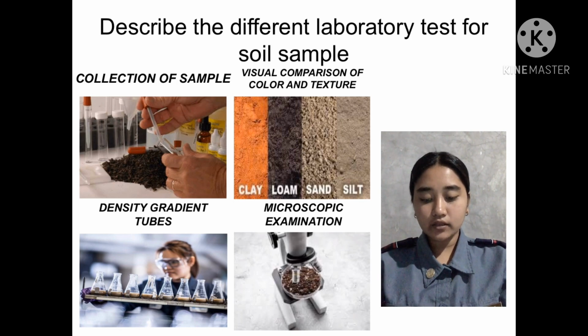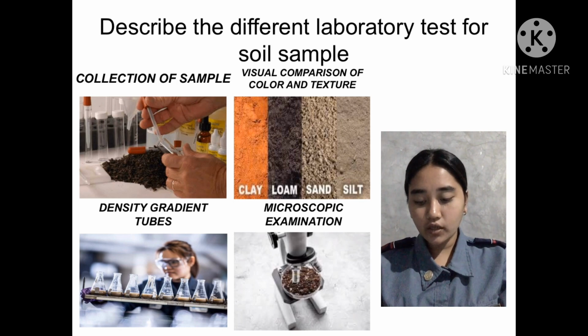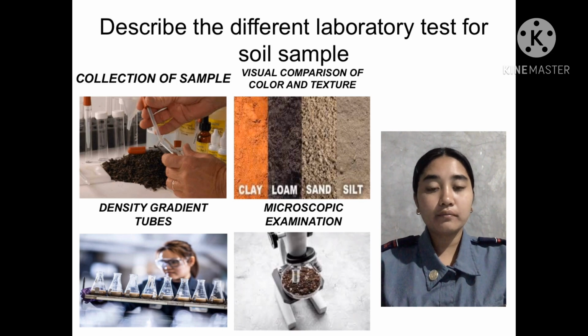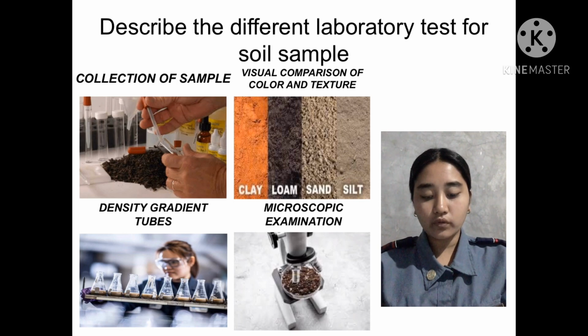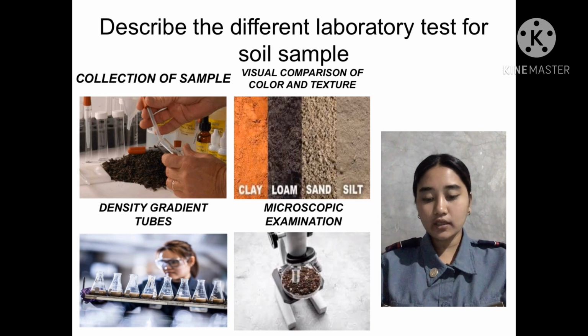Determining the textural classification of soil is useful in predicting its potential for erosion. And microscopic examination is used to analyze the mineral content of the sample. Ito yung microscope na ginagamit sa soil para ma-identify mo or ma-analyze mo yung content ng isang sample. Then the last one is density gradient tubes.